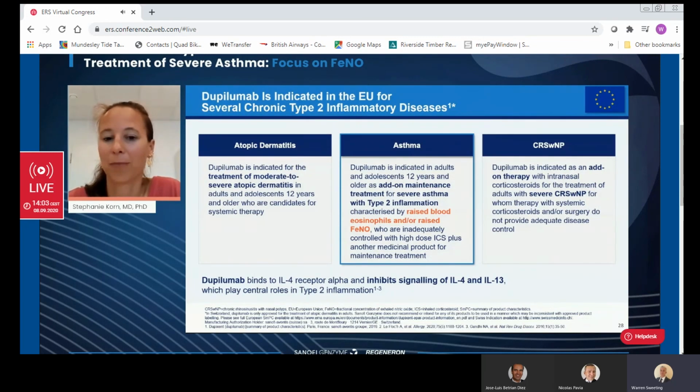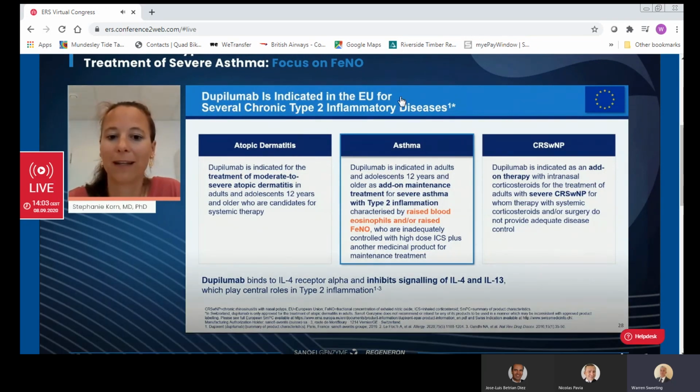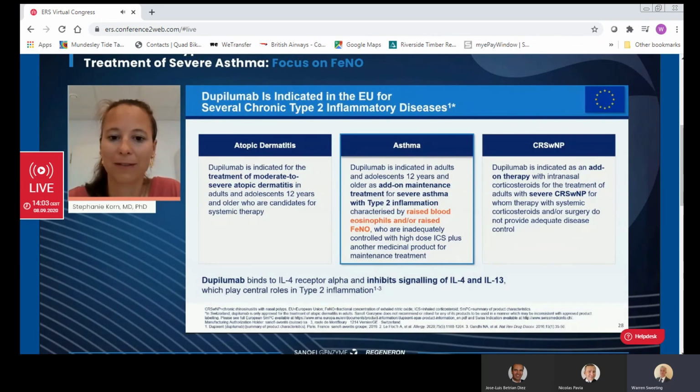Shortly after that, we got the approval for asthma as add-on maintenance treatment for severe asthma with type 2 inflammation. So patients who are not adequately controlled on high-dose ICS plus LABA can be a candidate for dupilumab treatment if they have any sign of type 2 inflammation. And type 2 inflammation for dupilumab is characterized by raised blood eosinophils or raised FeNO.